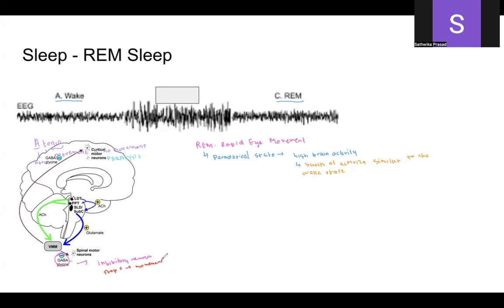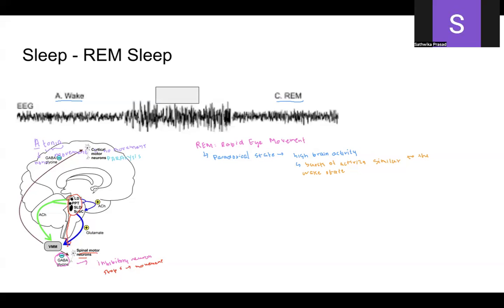And you can see here that the purpose of these neural networks is to produce GABA to inhibit spinal motor neurons, which are basically the neurons that communicate with the rest of your body to cause movement, right? This is from chapter 3. If you don't really know what I'm talking about, I suggest you go back and watch the videos that I posted on that.